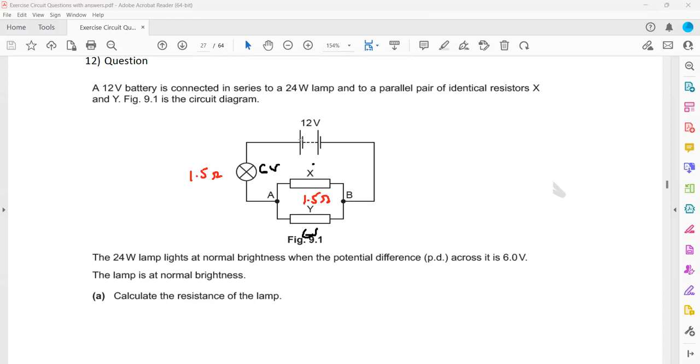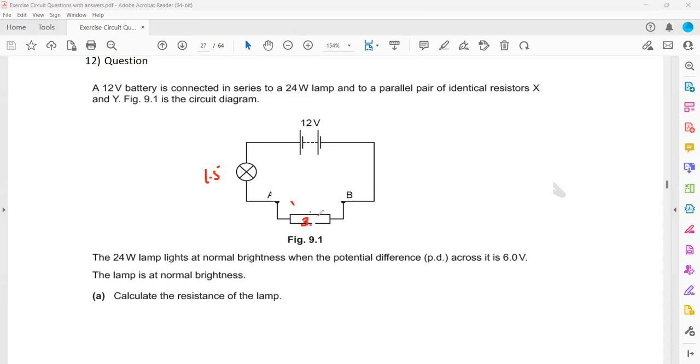But now, if we remove the resistor X, this total combined was 1.5, but individual was 3. So if we remove resistor X from the part of the circuit, now Y has a 3 ohm resistor.